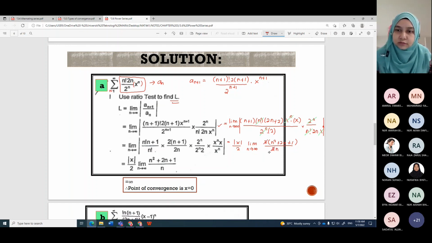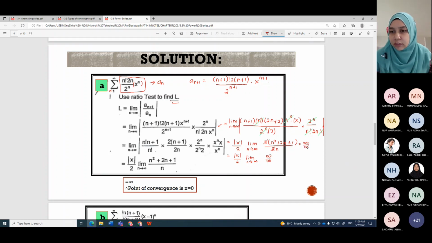So ini cancel. Okay, kita substitute infinity ini. N approaches infinity akan dapat infinity over infinity. Infinity over infinity kan. So kita perlu kat sini lah.